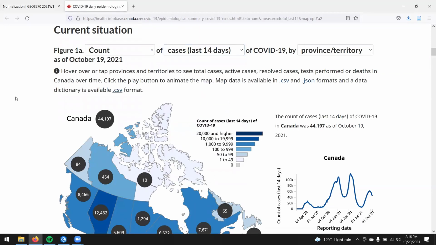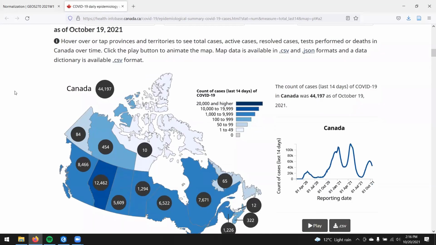So if you look at the 14-day count of cases on this data portal that the government has put out, you can see that Alberta is a catastrophe just based on this, but it doesn't really contextualize things very well, right?